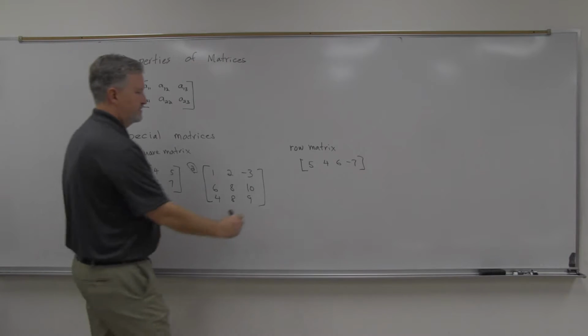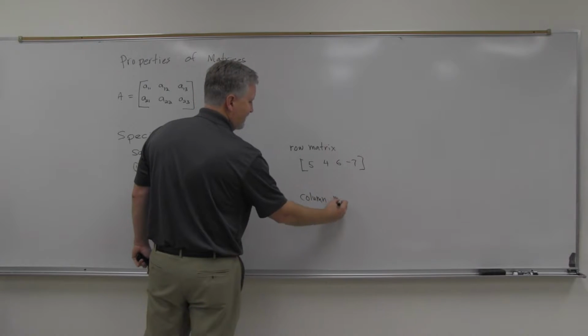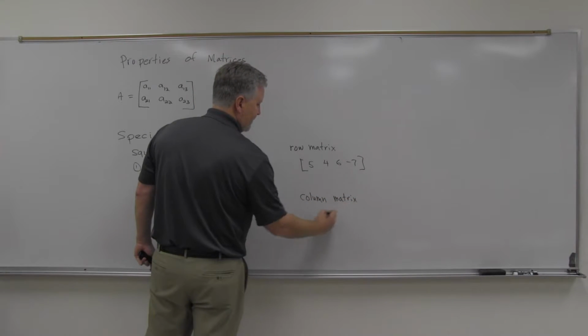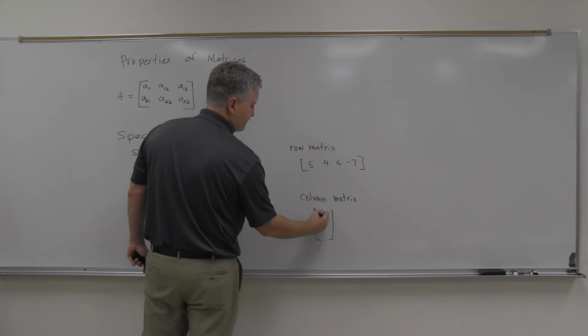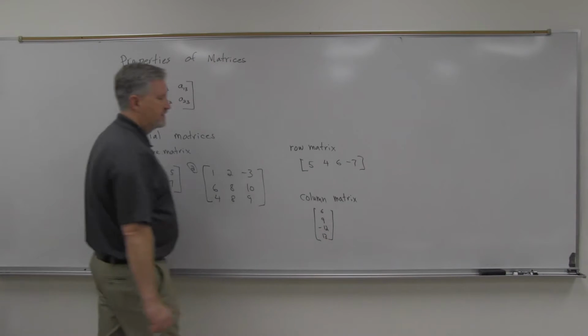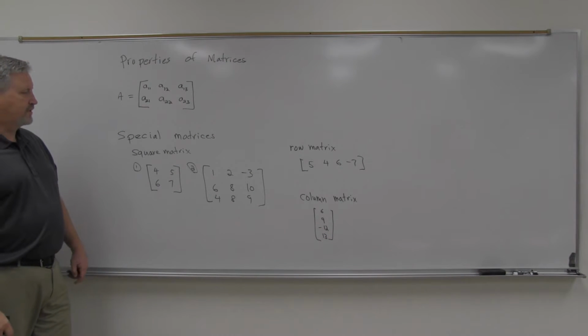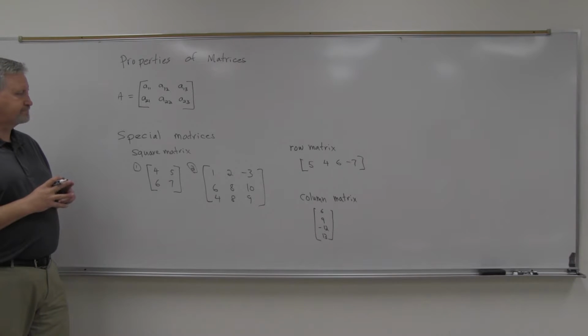And then a column matrix is one where you, guess what, have a single column, how many ever rows you want, but those are just some special matrices that you might hear those terms thrown around a little bit. But like I said, they're kind of fairly obvious.